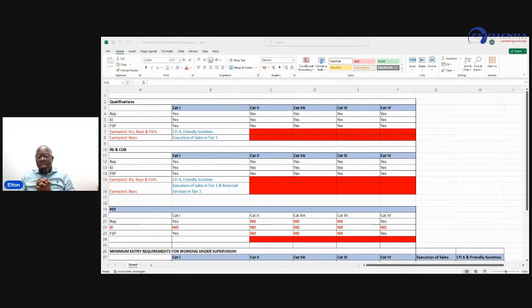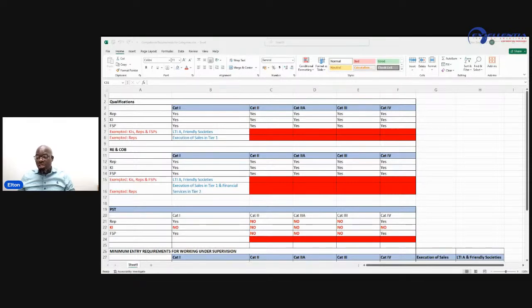Now, because I'm speaking to people whom I believe have actually prepared or are almost going to write the exam, I want to emphasize here regarding the exemption of reps who are doing execution of sales, they are exempted from a qualification.